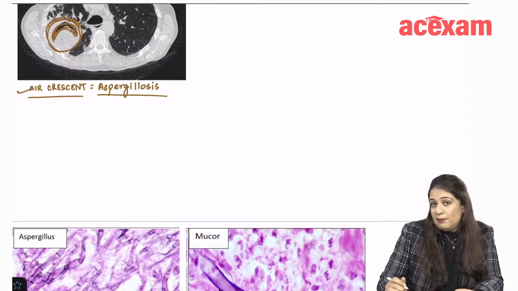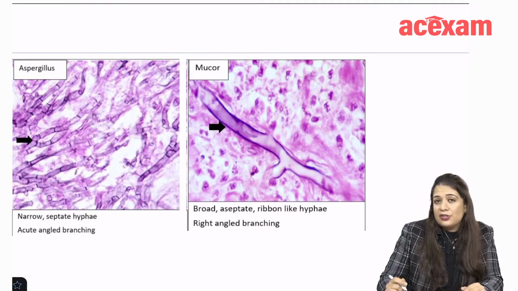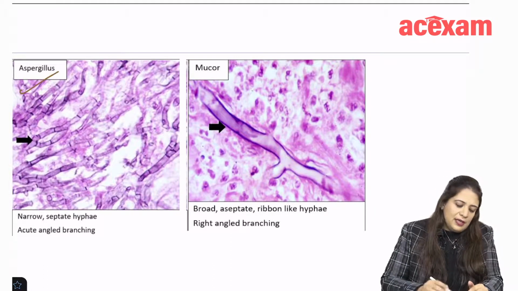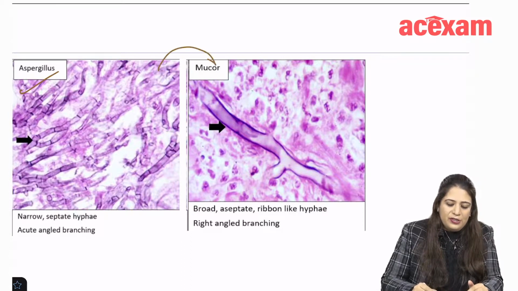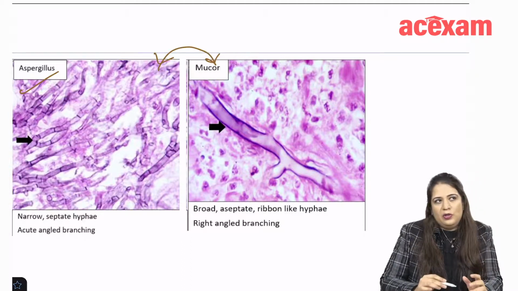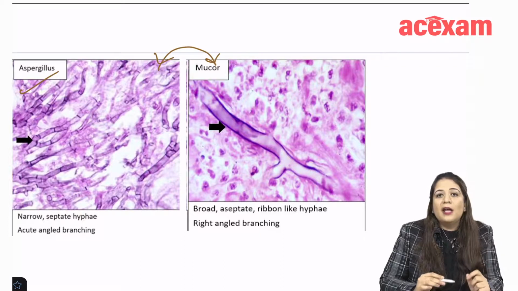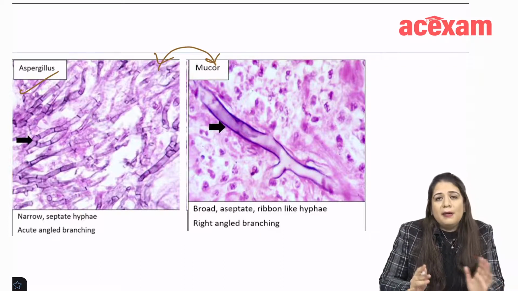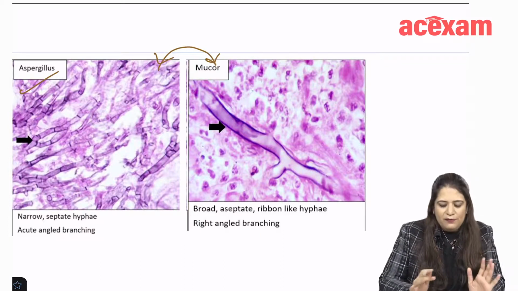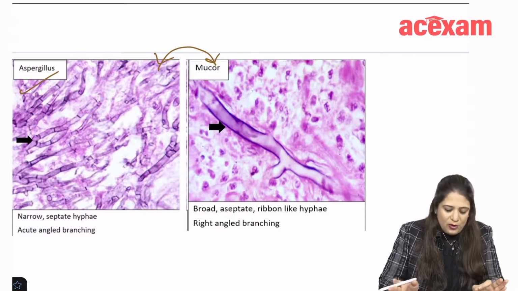But what is the role of the pathologist here? The pathologist would not just be able to diagnose this aspergillus, but also differentiate it from mucor, which is also a slightly more resembling fungus, but we can differentiate these two if we know the differentiating points.